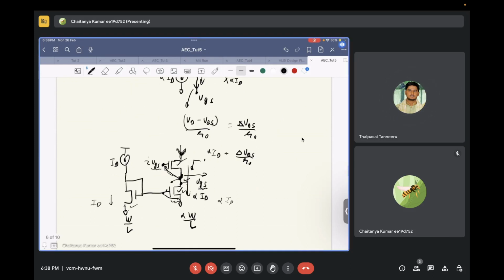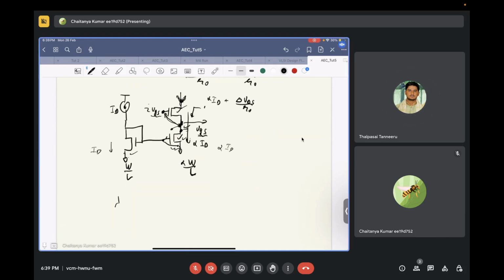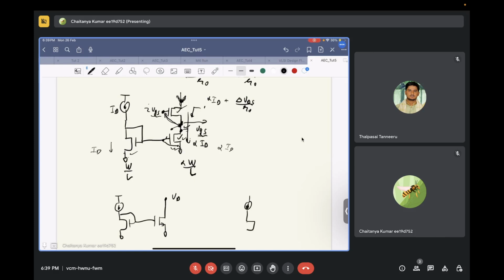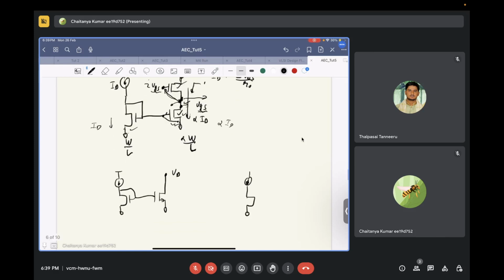Now let's compare these two particular current sources. One was this current source, and here some VD was applied, and the other is this current source with some VD.